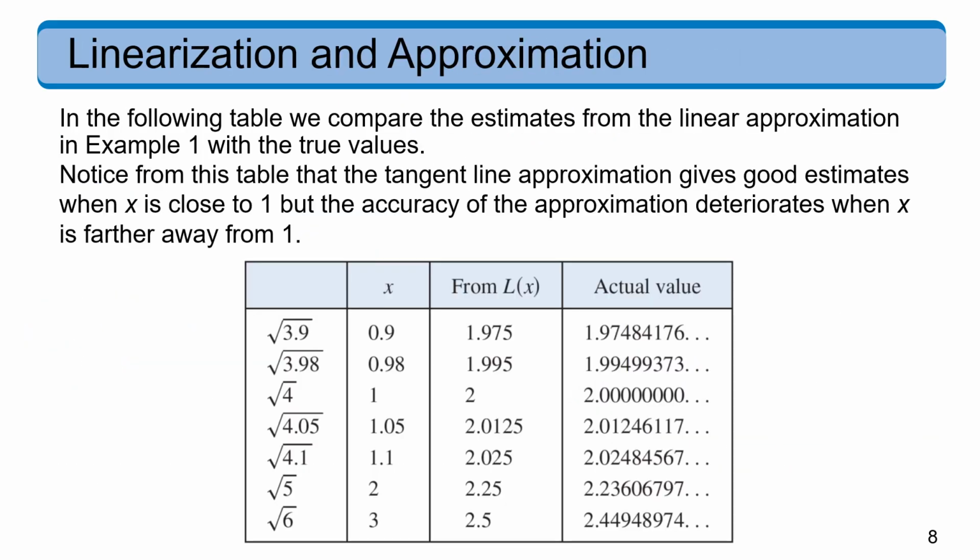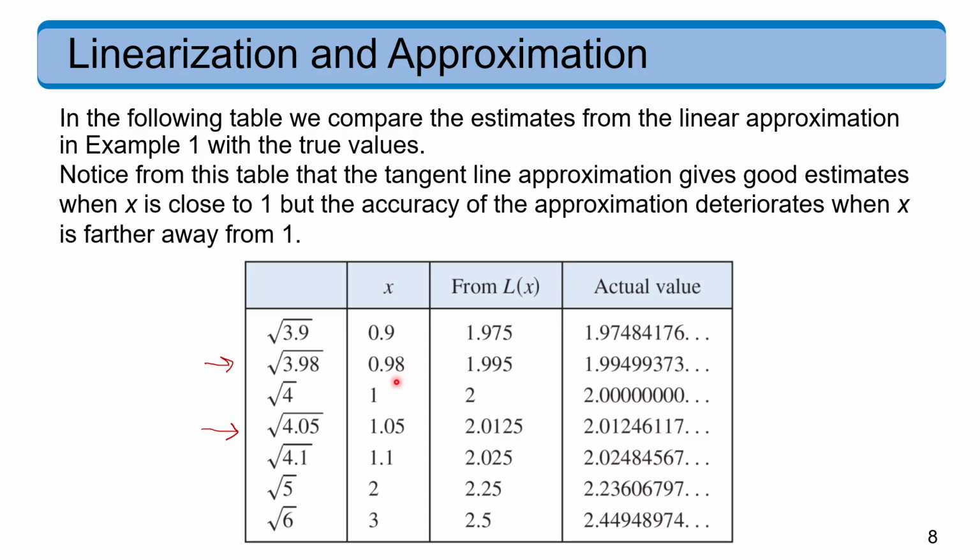Here we're just doing some further analysis of the example we were just looking at. So we've created a table where we did some estimates of various square roots. Notice the two that we did are on here, right? The square root of 3.98, we did that one, and we did the square root of 4.05. Then there are others on here that we could get using the same process. So let's look at this one we already did. We used an x value of 0.98, if you recall.